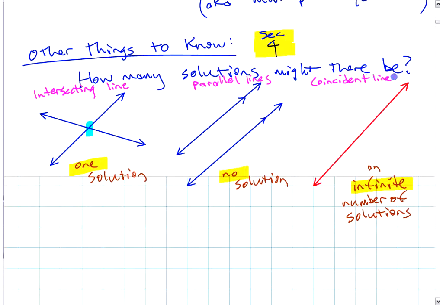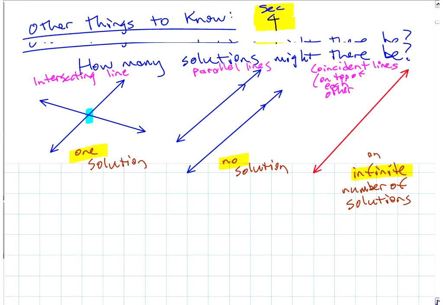If something is a coincidence, what does the word coincidence literally mean? Coincide? Coincidence means two things happening together, right? If you have coincident lines, they're on top of each other. That would be basically if I was giving you the same condition twice.